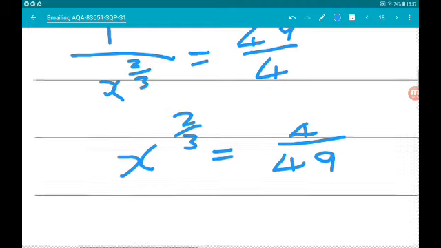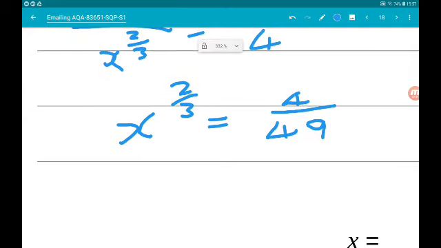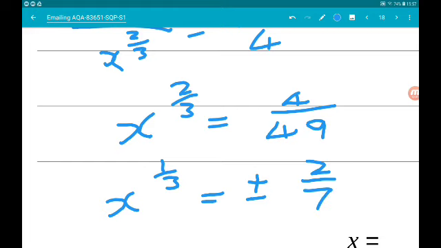Now, what we're going to do next is start undoing that power of 2/3. So if we square root both sides, we get x to the 1/3 is equal to the square root of 4 over 49. So that's going to be plus or minus 2 over 7.